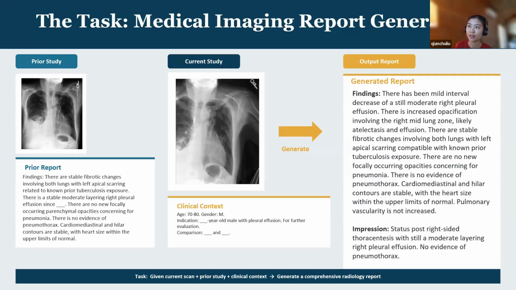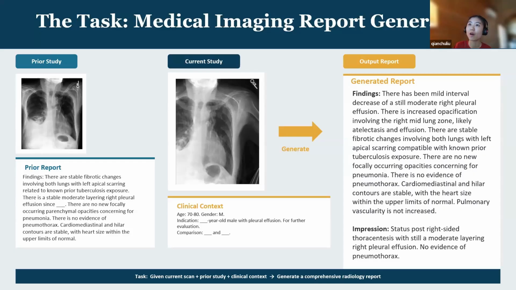When a patient gets an X-ray scan, and when the scan is ready, the radiologist would review the scan together with clinical context of the patient, such as the age, the gender, and maybe the indication, which is usually the reason for the visit or for the scan, and optionally some comparison information for this study.